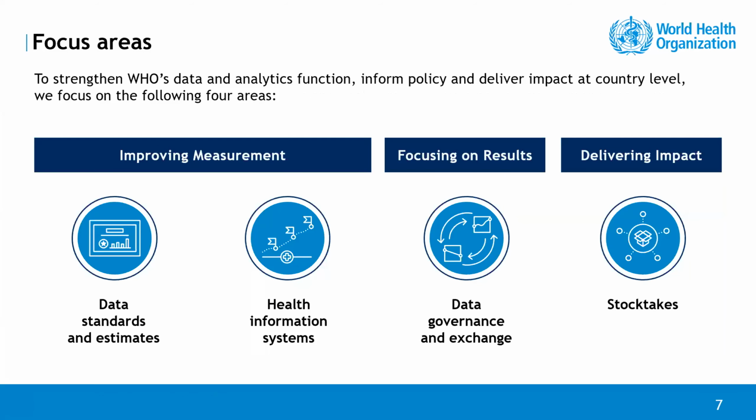For us, we have 4 key areas that build into this strategy. Number 1 is to set the standards and also make use of the data available to get the estimates right, so that the country can set up the goals that contribute to the 3 billion goals. We can only do that if the country has a robust, comprehensive and good health information system.